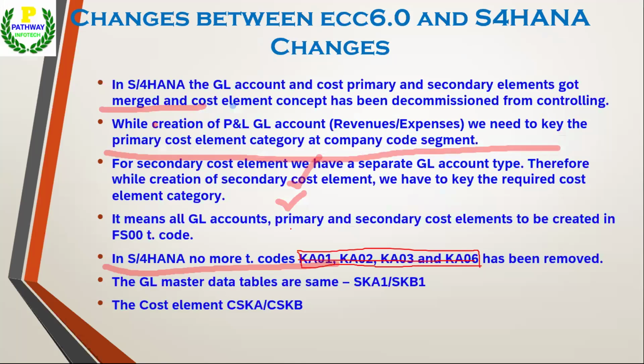It means all GL accounts, primary and secondary cost elements, are created in FS00. All are created at this level only. Now in SAP S4 HANA, there are no more transaction codes KA01, KA02, KA03 and KA06. Those transactions have been removed from S4 HANA.